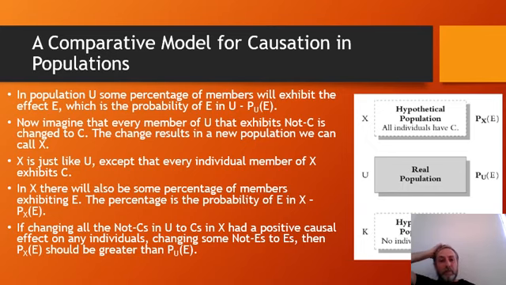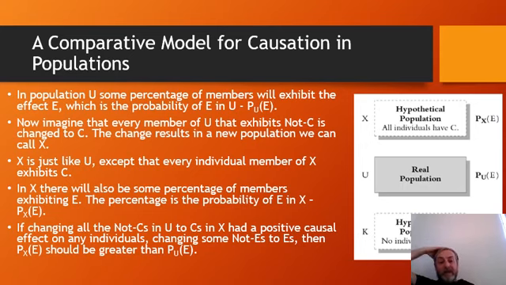Okay, so in the population U, some percentage of the members of the population will have the effect variable, say lung cancer. So the probability of E in U is going to be capital P, little u. That's the probability in U of having lung cancer, for example. Let's say that 5% of the population currently has lung cancer.